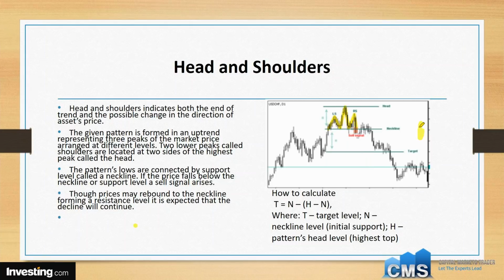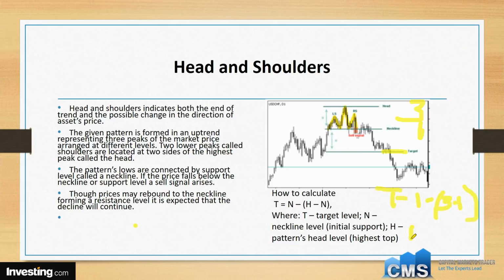But in this case, we're saying the neckline is at 1. And we can say the head is at 3. So we would take our target price, which would be our neckline, which is a 1, minus the head, which was a 3, minus the neckline, which is a 1.